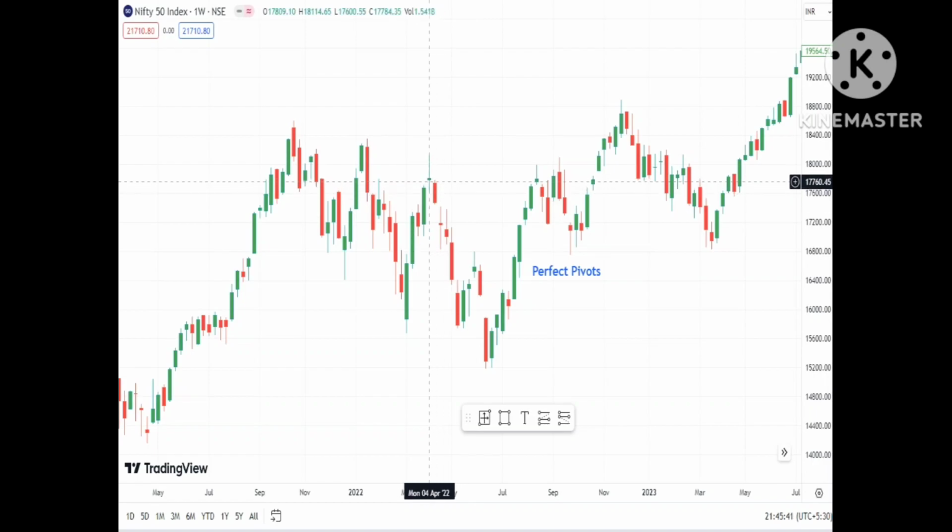Under these conditions, we can say a perfect pivot high has formed.